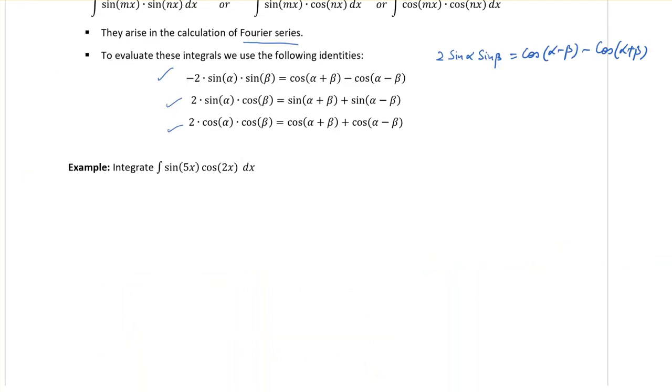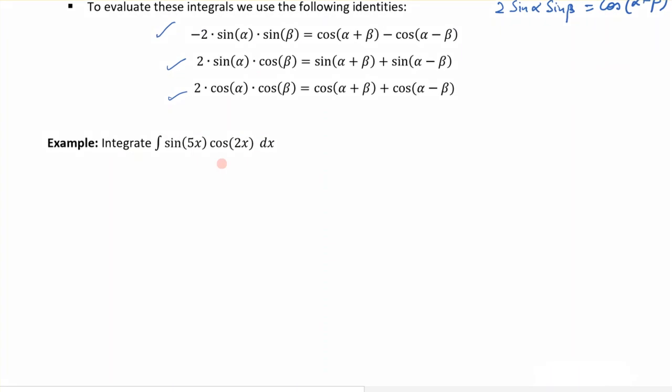All right, so in this example, we have to integrate sine of 5x times cosine of 2x dx. And if we notice, we can use identity second here because we have sine of alpha times cosine of beta.